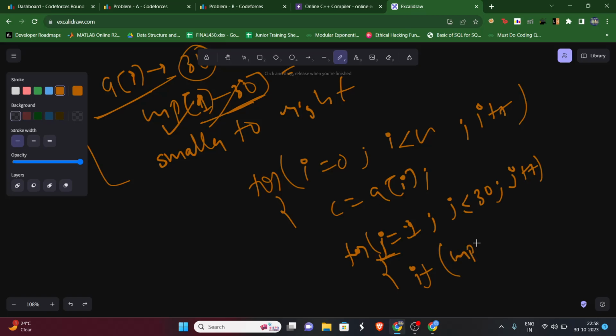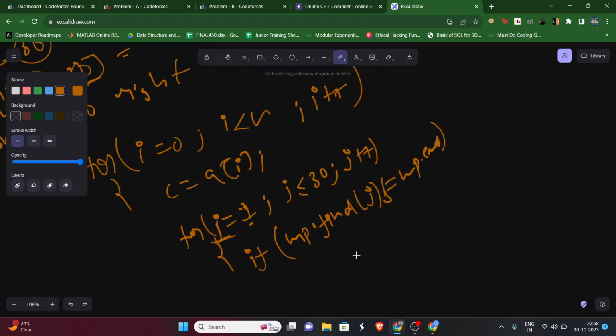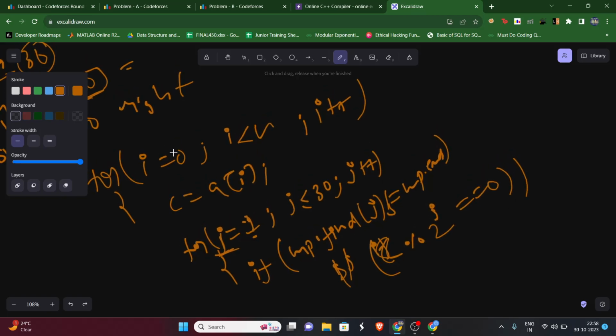So if map.find(j) is not equal to map.end, that means we have that particular element in our x array, and if c modulo 2 to the power j equals 0, then we'll have, I forgot one thing, one more variable: the first divisor index for this c.